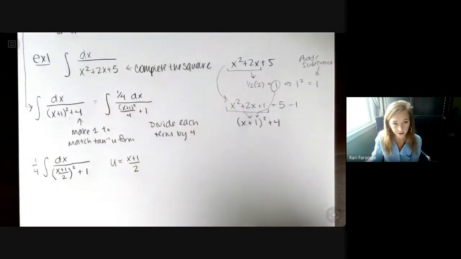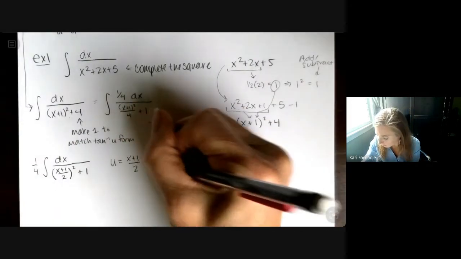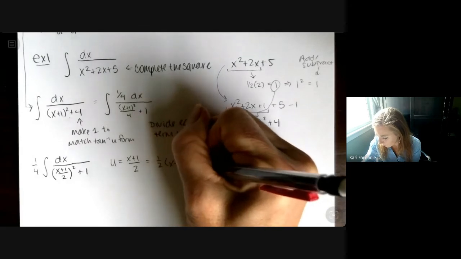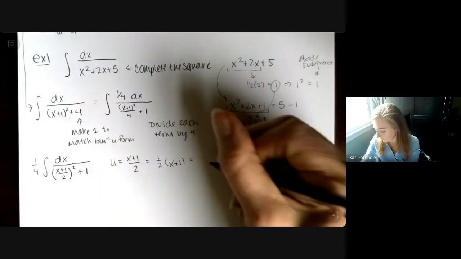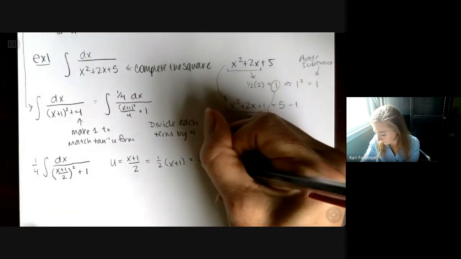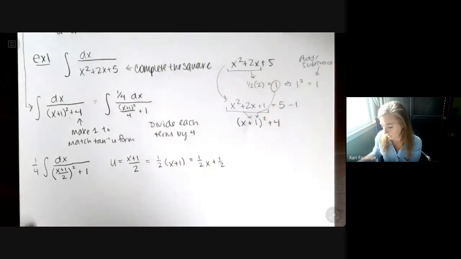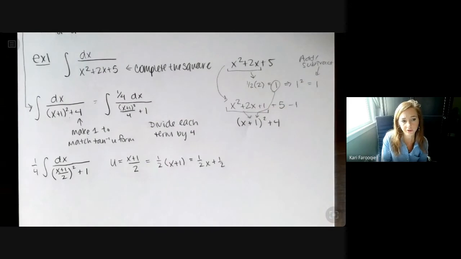If you find that confusing, you can write it as 1/2 times x plus 1. And since you know you're going to need a du, if you find it confusing still, just distribute that 1/2 into your parentheses. You can do that also.